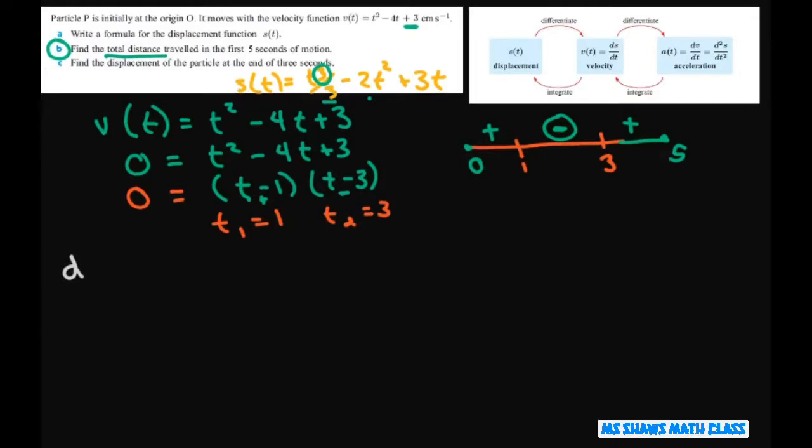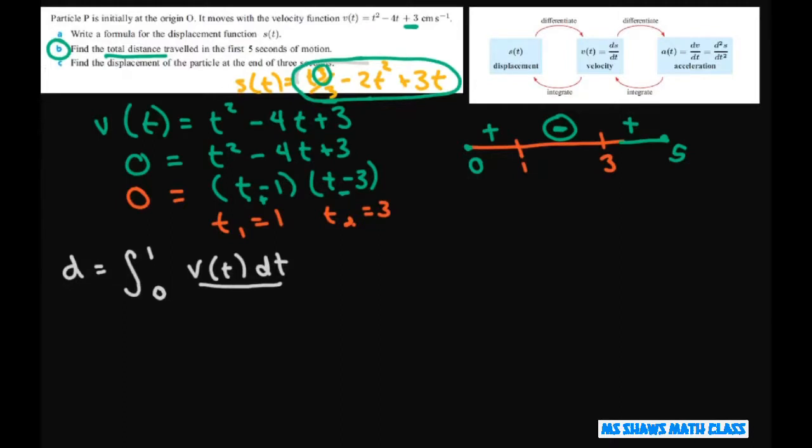So our distance is going to be the first interval, the integral over the interval 0 to 1 of v of t dt. Now to save some space here, we already know what this is. This is this equation here, our displacement formula. So we're going to go ahead and just write that out. But technically it would be like this.